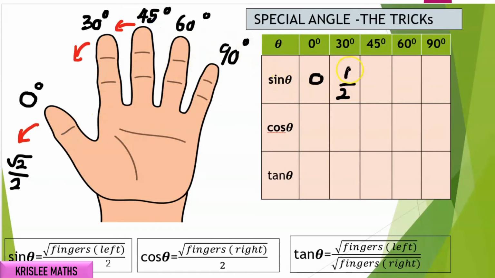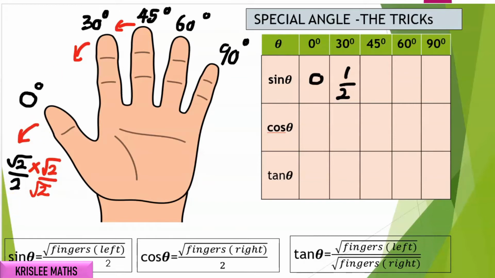Again, sine 45. Refer to the middle finger here. So on the left you have 2 fingers. So the formula will be square root of 2 over 2. Simplify this, you will have square root of 2 over square root of 2.